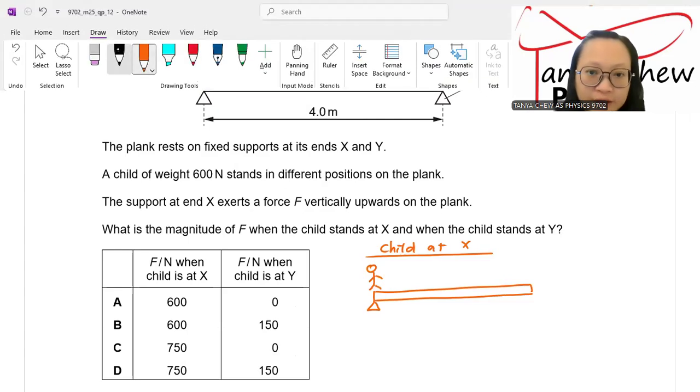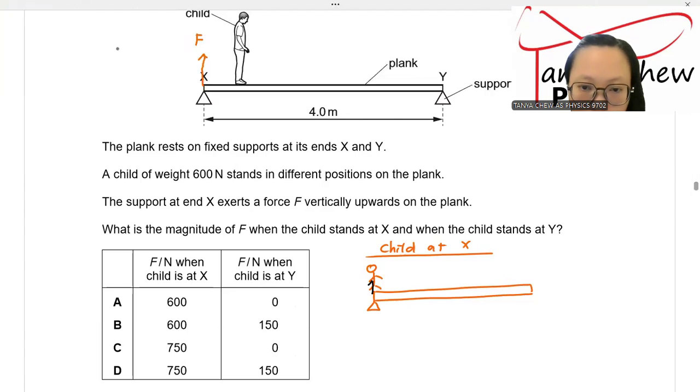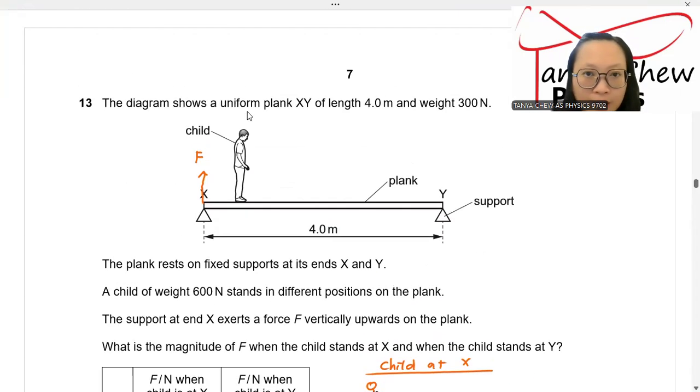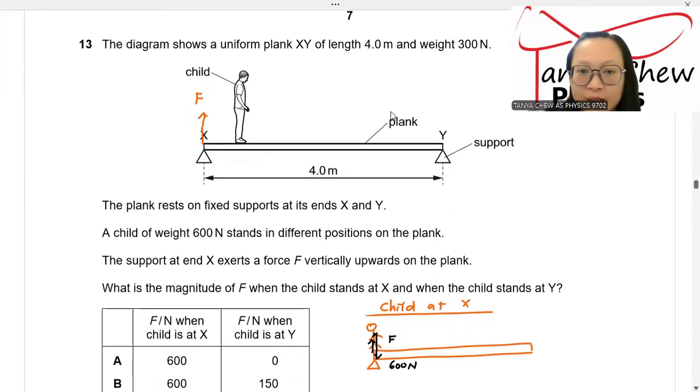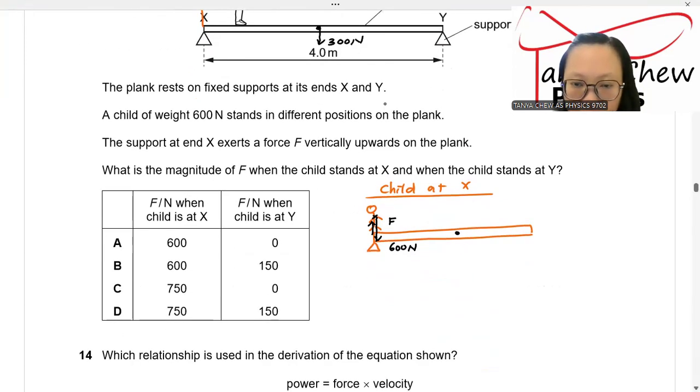There are two forces acting at point X. One is the outward force F. The other one is the weight of the child, which is 600 Newton. Since the plank is uniform, its weight acts at the center of the plank, which is 300 Newton.